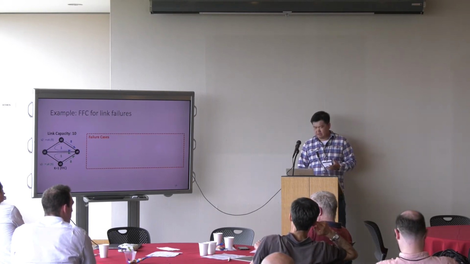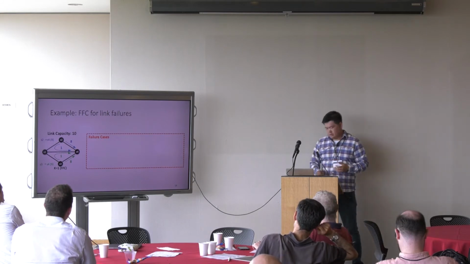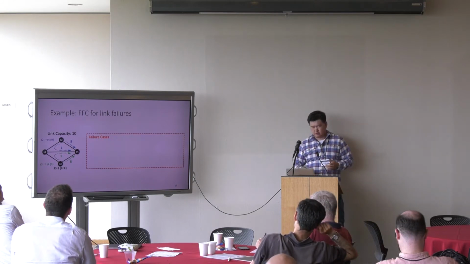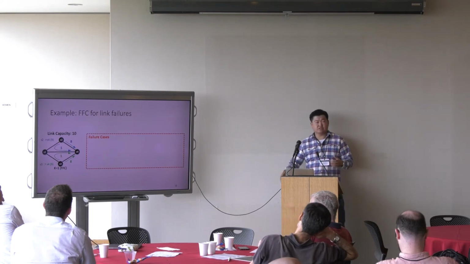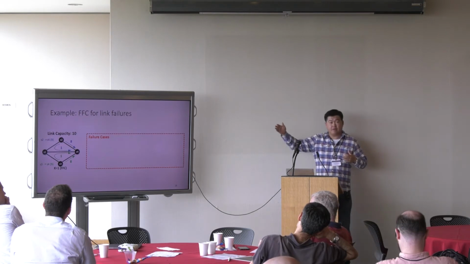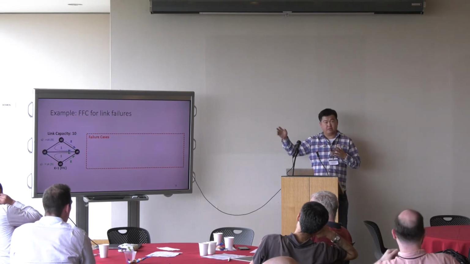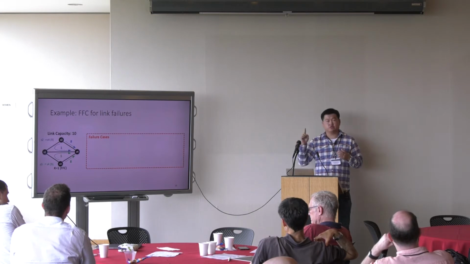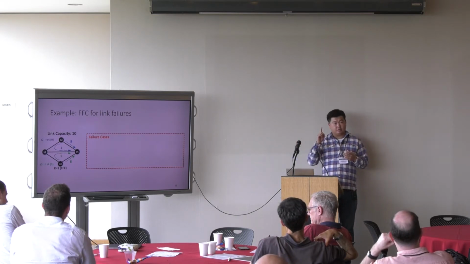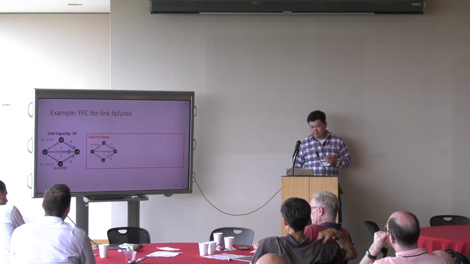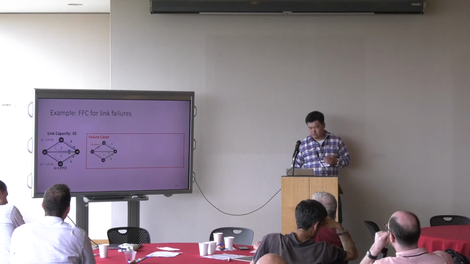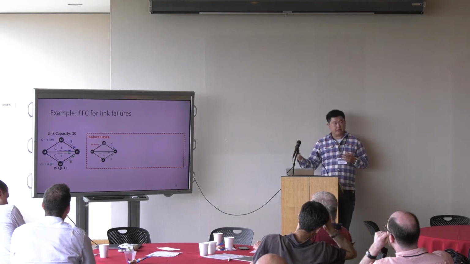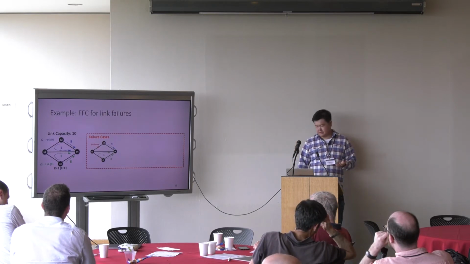For example, given this network, there are 2 flows, green and blue. They are using 2 paths, and I would say this is one FFC traffic engineering with k equals 1, because this is resilient to any single link failure in this network. For example, if I fail the link from S1 to S2, after the rescaling you can see there's no congestion.